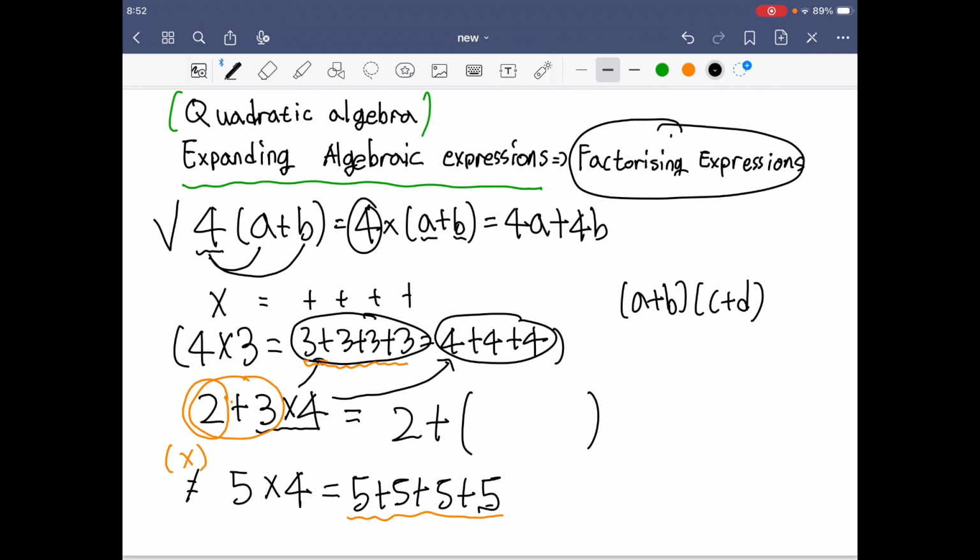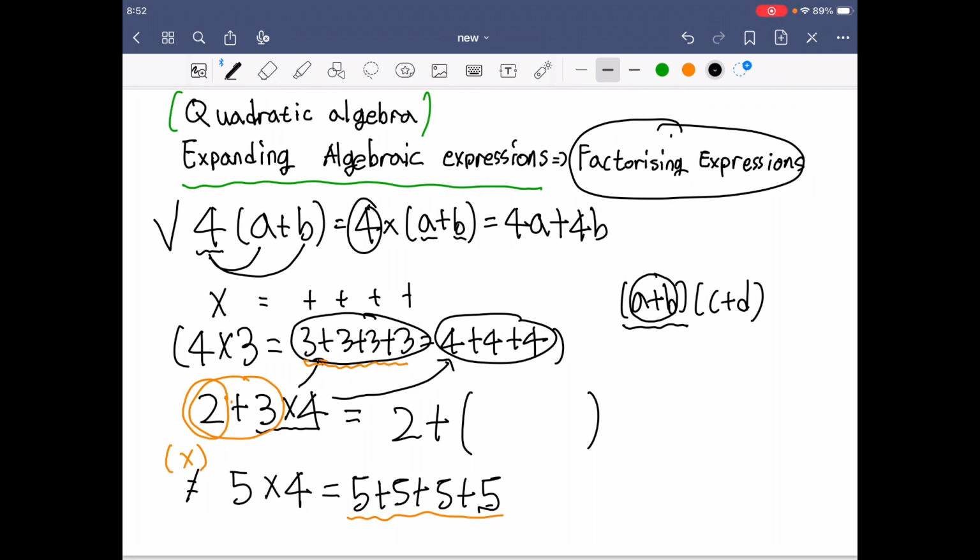For your information, this is called a binomial because bi means 2, and there are 2 terms in the bracket. And we are going to simplify the product of a plus b and c plus d. I mean 2 binomials multiplied together.